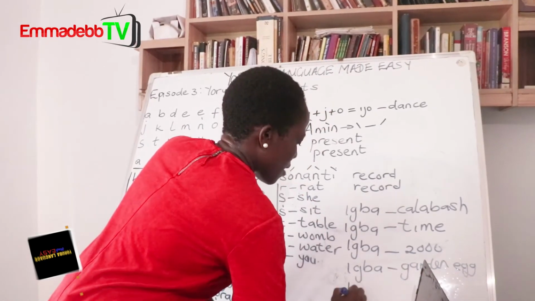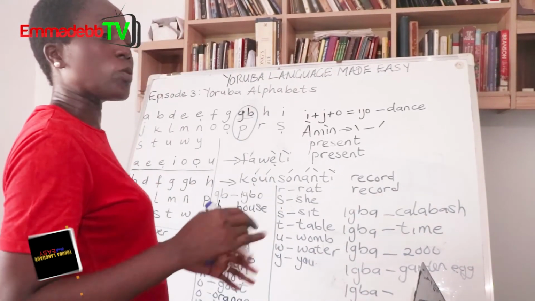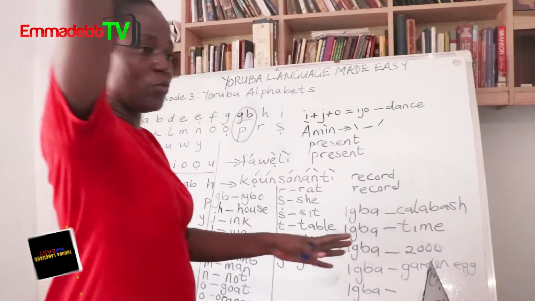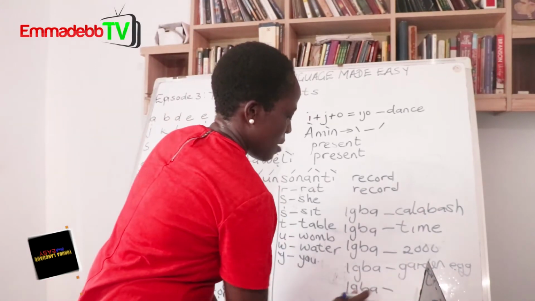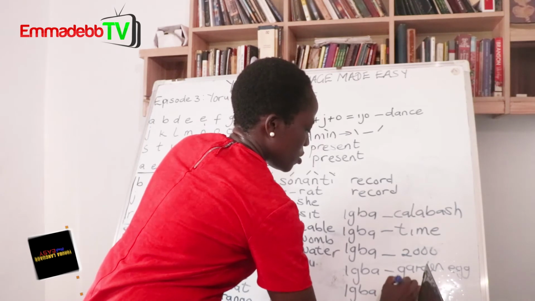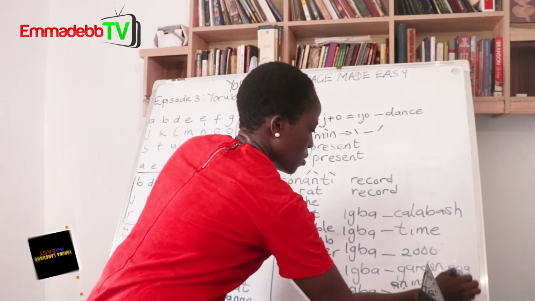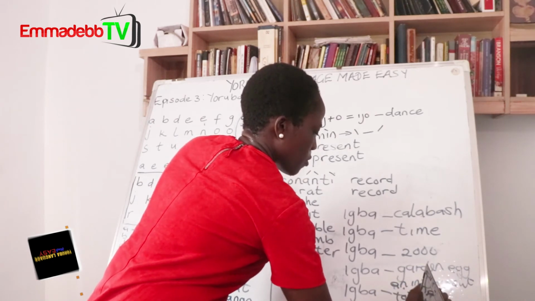We have igba, something that we use when you want to tap palm wine from the tree, an instrument to tap palm wine.